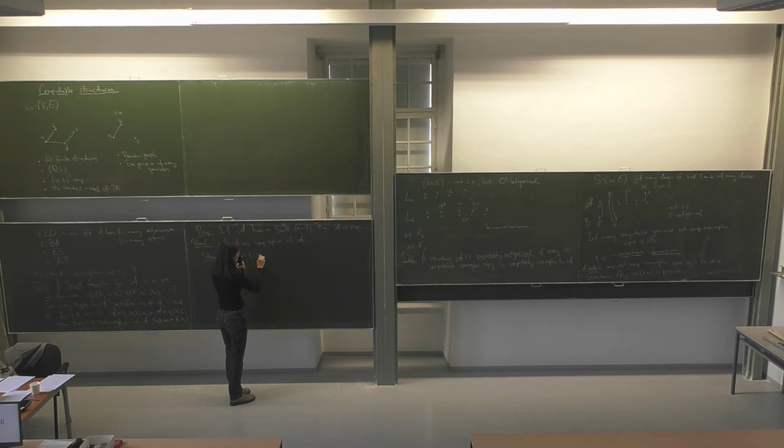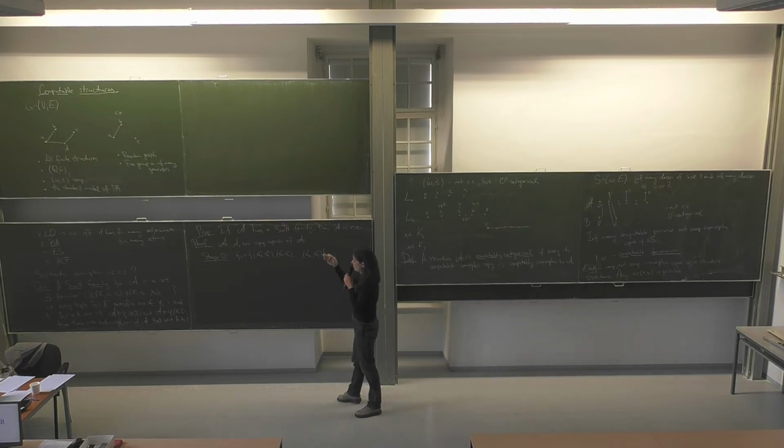We send a0 in the first copy to a0 in the second copy, a1 from the first copy to a1 from the second copy, and so on, up to ak from the first copy to ak from the second copy. So we define from the very beginning that those distinguished constants go in the correct way.